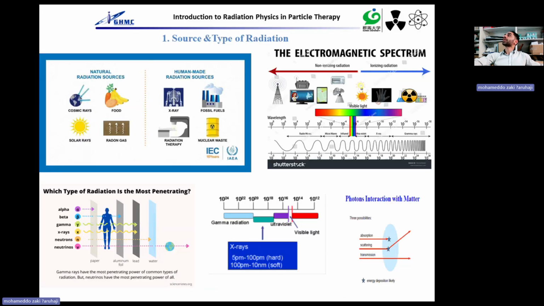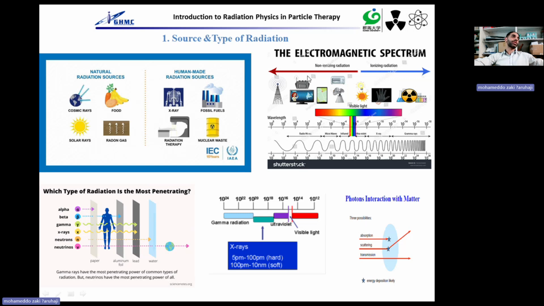Okay, source and type of radiation. Radiation can come from nature. Also, it can be made by humans. We can find it in the sun, in the cosmic rays. And humans can make it in industry. But what is important for me now to start with is that radiation can be distinguished into two: one, ionizing radiation; second, non-ionizing radiation.